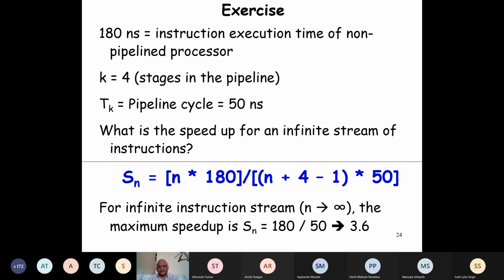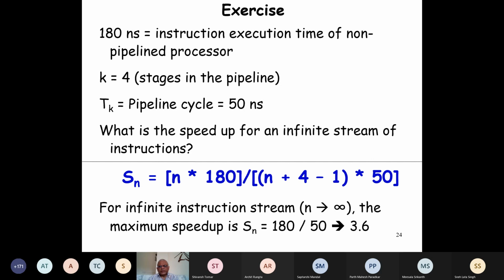So there are 4 stages, and since there is an infinite stream of instructions, we can assume on average an instruction completes in 50 nanoseconds. Because if there are only 10 instructions or so, we'll also have to consider how much time it takes to fill the pipeline.